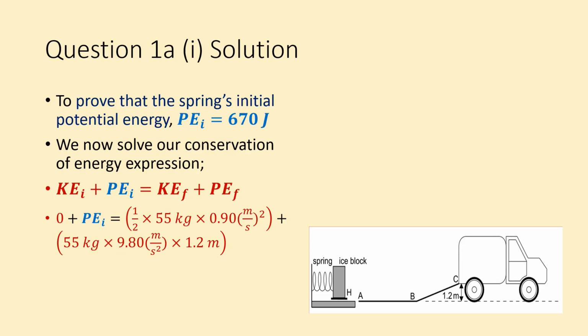In case I have lost you there, think of a scenario where you have a toy car that's operated on a spring, and it is placed on top of a ramp, maybe like some kind of toy car set.